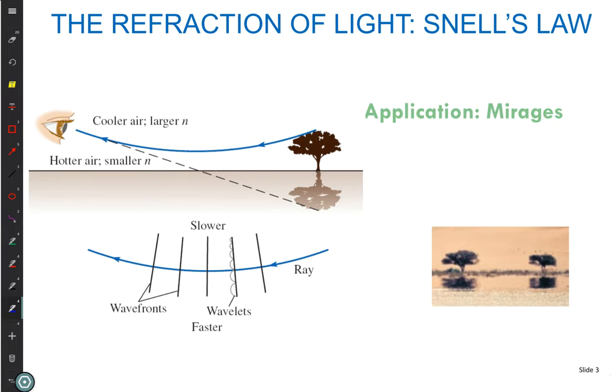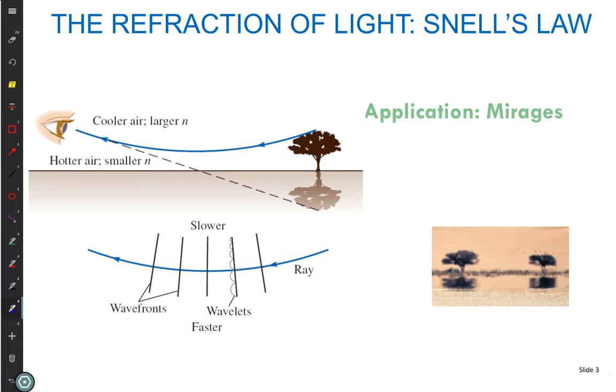That something occurs because the road is very hot. And because the road is hot, the air right above the road is very hot. And the index of refraction goes down. That is, the speed of light goes faster when it gets into hot air. And so you have light from the sky that's coming down to the road, but because the index of refraction is getting smaller, it's going faster, it bends away from the interface between the cooler air and the hotter air.